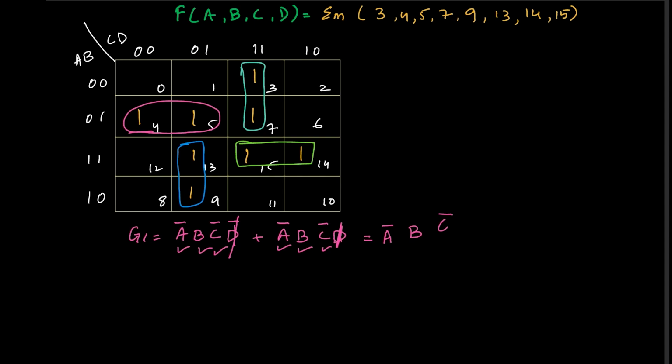Let's turn our attention to the second group, which is this one. Again, two cells, so we will have to write ABCD twice.